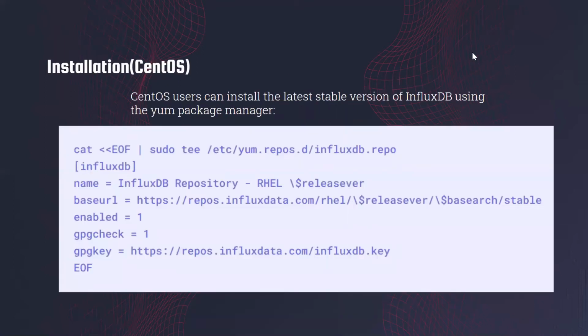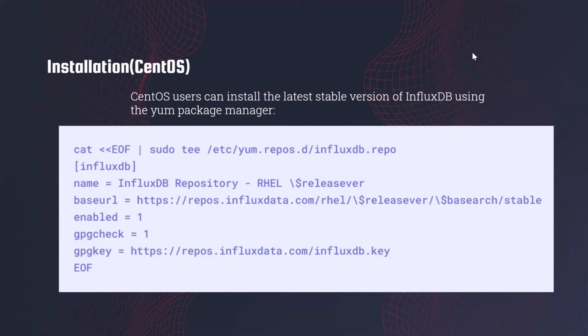Talking about the installation, the picture that I have here on the screen is basically to add the repository to the yum command. This is for the CentOS users. They can just install the latest stable version of InfluxDB using the yum package manager. So this command that I have here is used to add the repository to the yum package manager.